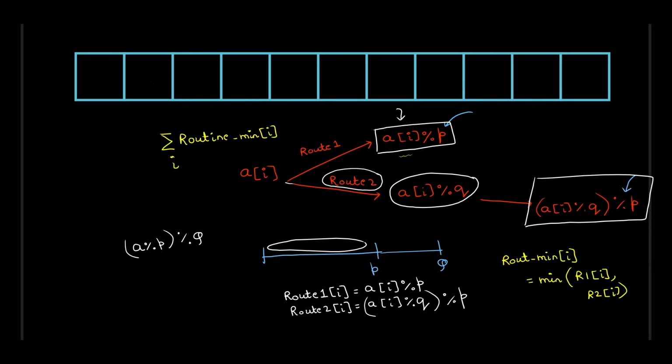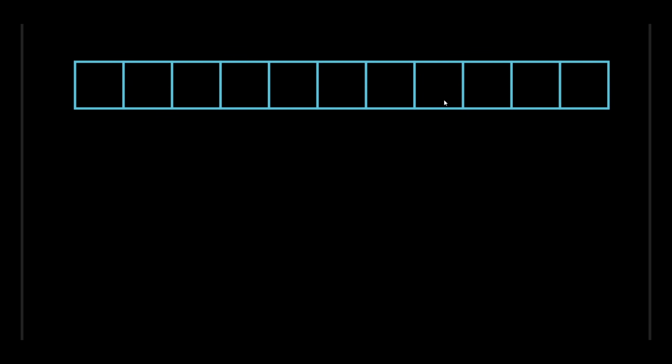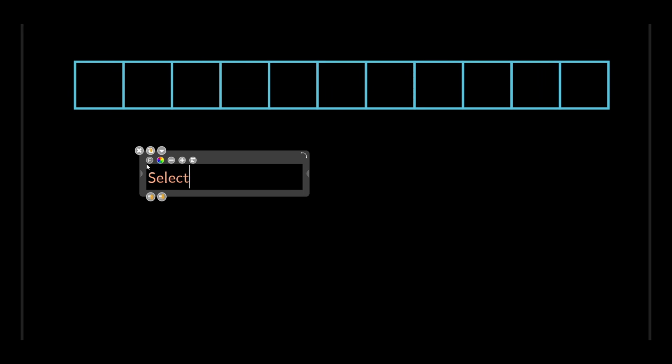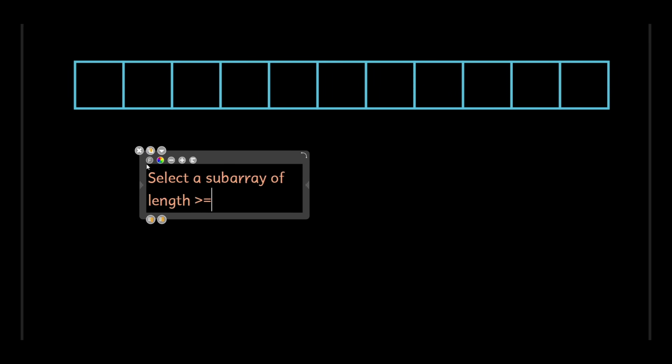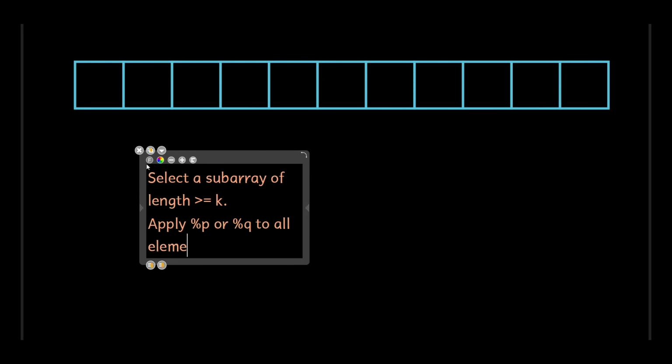Now let's move on to version 2 of this problem, where this time you are not allowed to do the operations independently on each element. This time the problem statement says: select a subarray of length greater than or equal to k, apply modulo p or modulo q to all elements of the subarray.